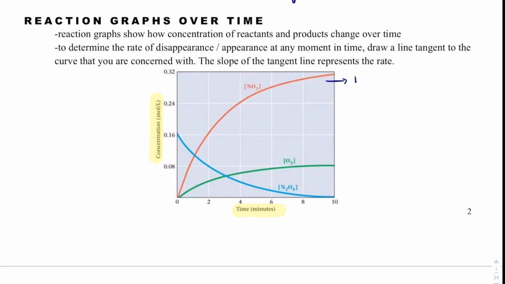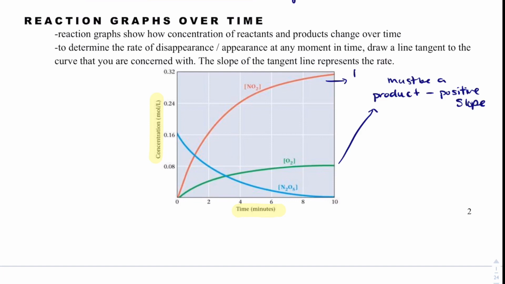Specifically, I know that NO2 must be a product. How do I know that? It has a positive slope. Okay, meaning it is being produced. And I could say the same thing for O2 as well.